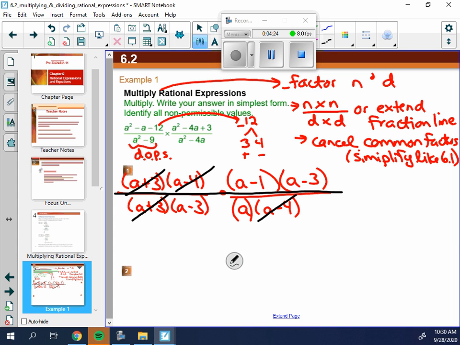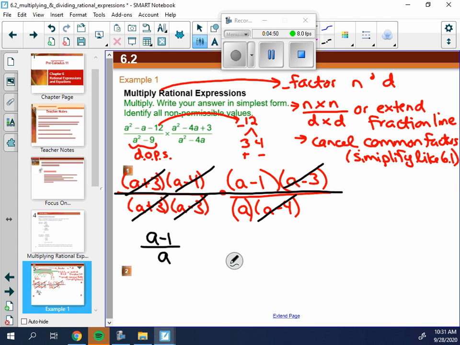What's the last one that cancels? A minus 3 down here and a minus 3 up there. Good. What is left over in the numerator? A minus 1. If there was more than one factor, I would keep the brackets, but you don't really need to keep the brackets here. What's left in the denominator? A. Good.